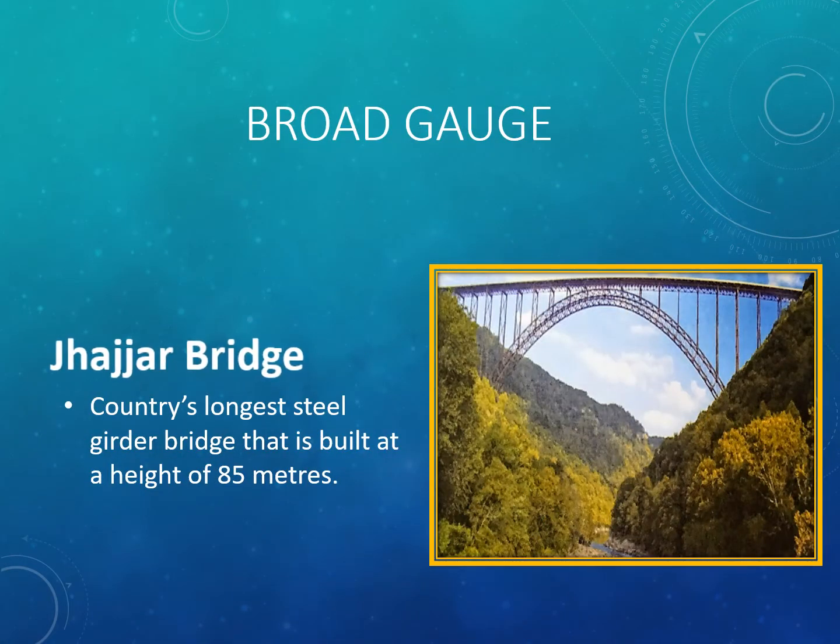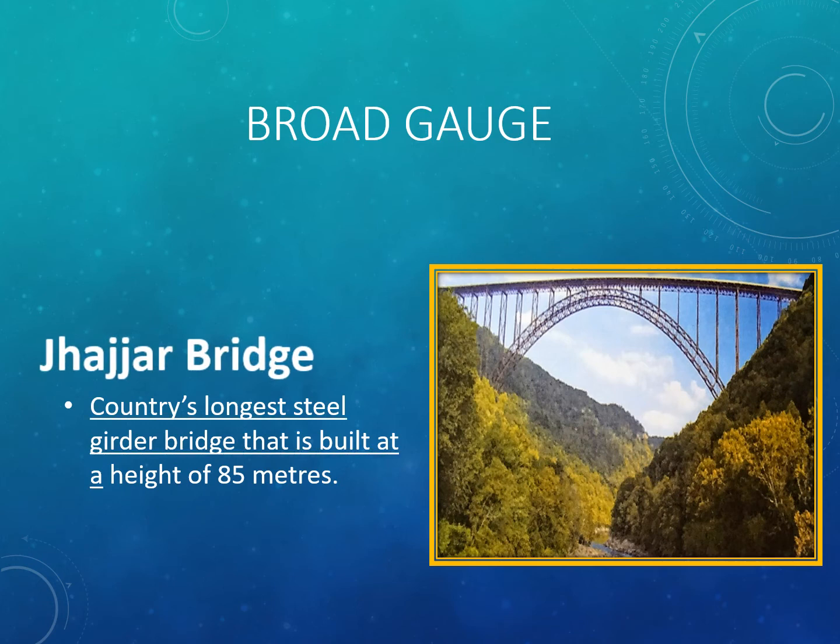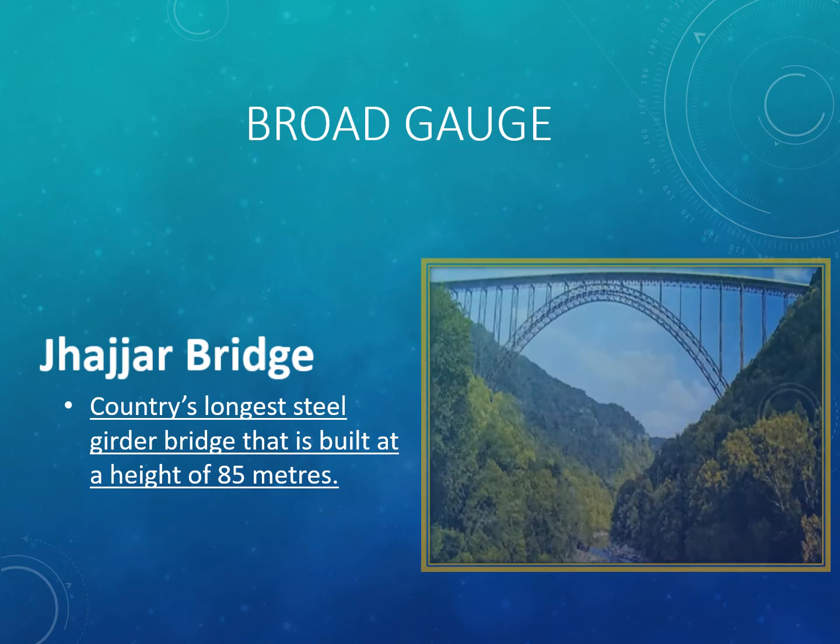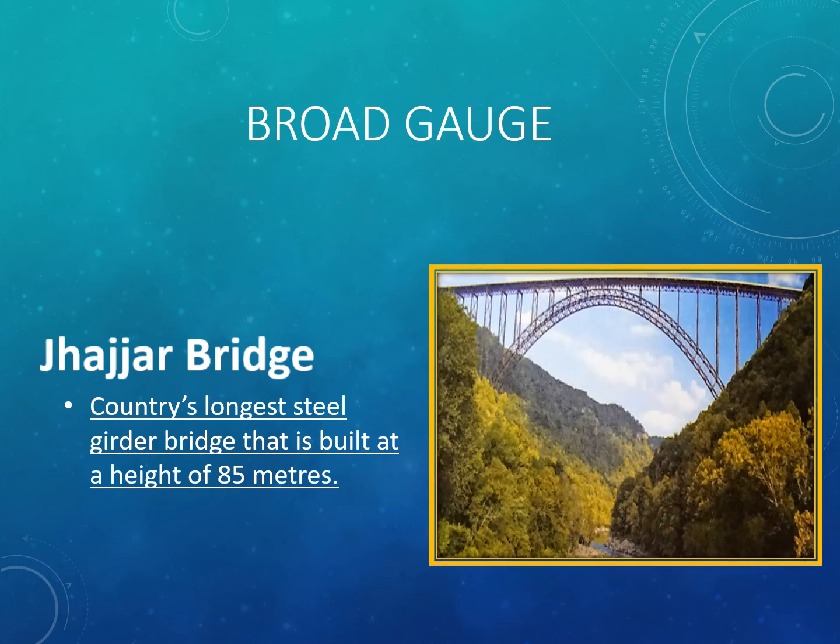Jhajjar Bridge. It is the country's longest steel girder bridge that is built at a height of 85 meters. Look at this bridge. What an engineering work! It is on Udhampur-Katra railway line.